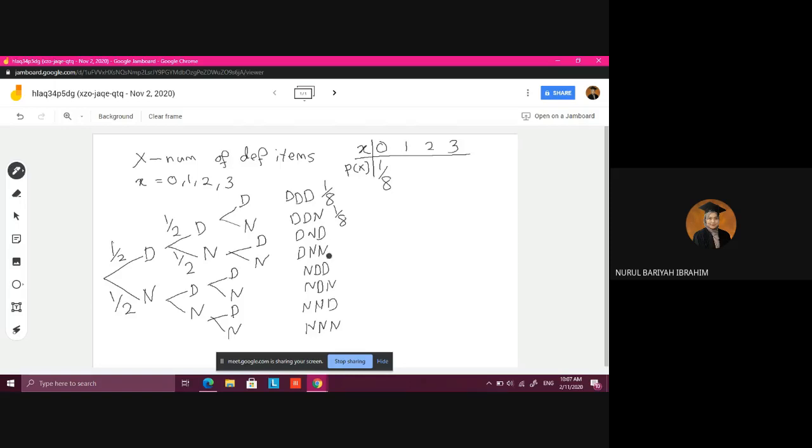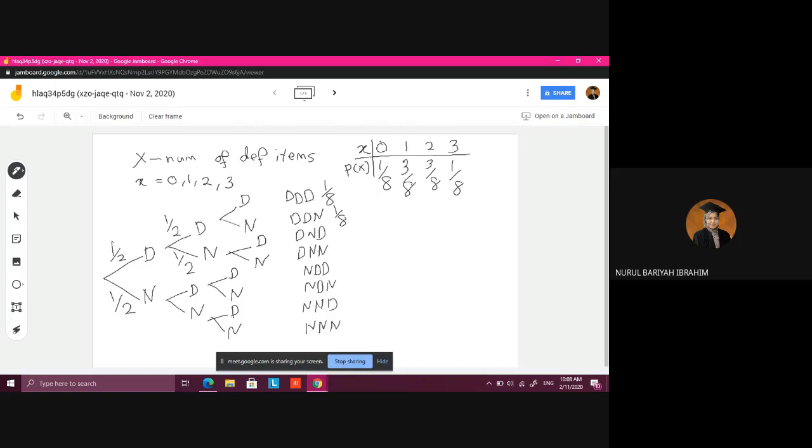Oh, sorry. 1, 2, 3. Okay, so 3/8. How about this? Yang kedua, two defective item. So sini 1, 2, and 3 here. So also 3/8. X is 3 means that we have 3 defective items, which is D, D, D, which is 1/8.